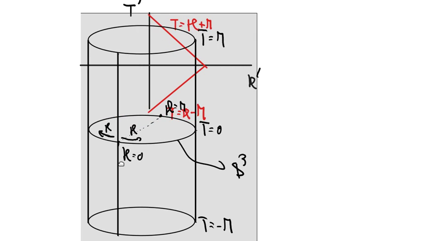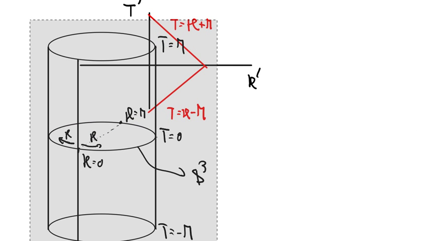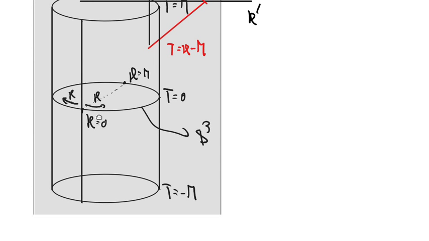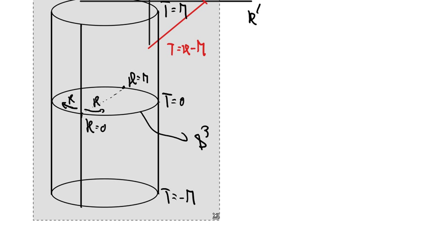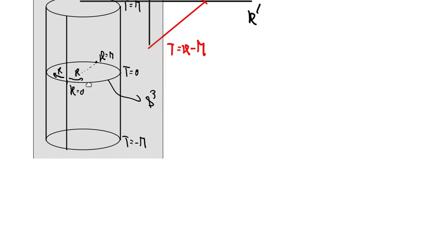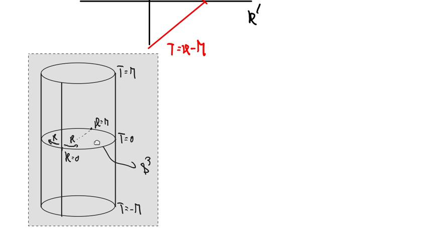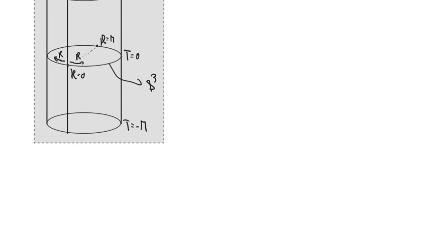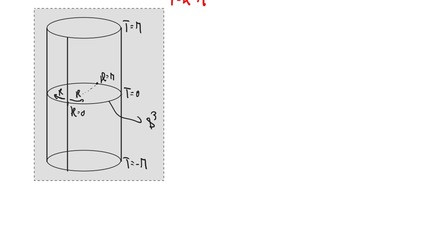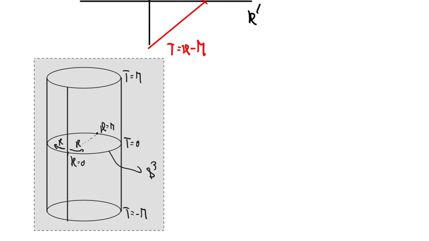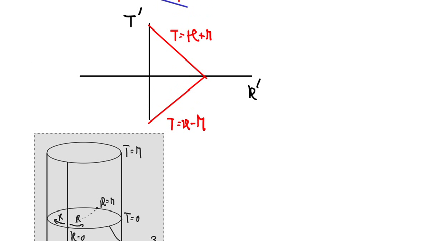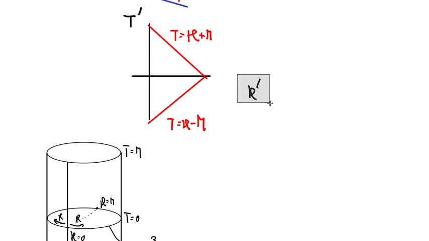Here it is, and let me just rescale this picture for you to see. This is the picture. I'm going to put the two pictures together, because we need to work with both pictures.